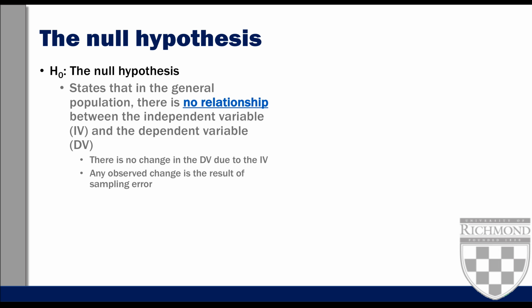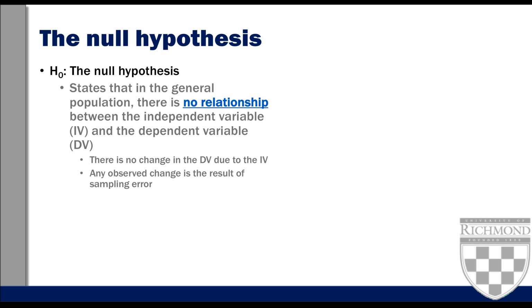There is no change, for example, in the dependent variable due to the independent variable. That would be consistent with the null hypothesis. In other words, what you're saying is the independent variable had no effect. We can manipulate it, we can change it, we can assign it to some people but not others. We shouldn't see any difference in scores on our dependent measures, okay? So when you say the independent variable does not affect the dependent variable, you're saying any change in the independent variable is not leading to a systematic change in the dependent variable.